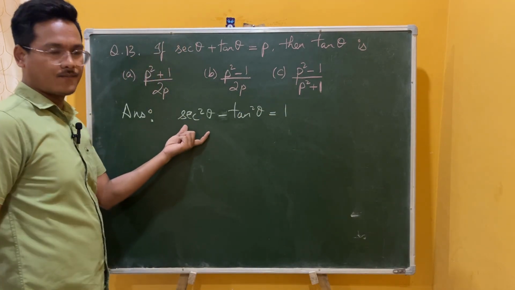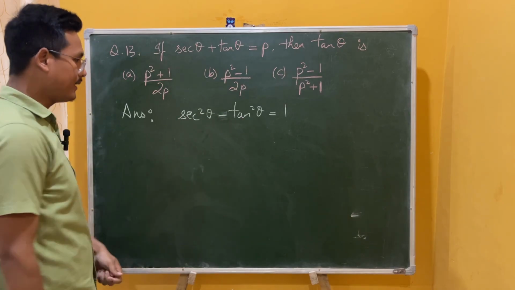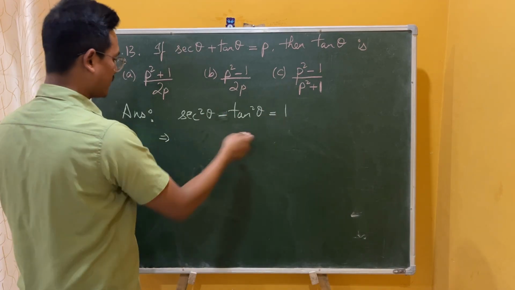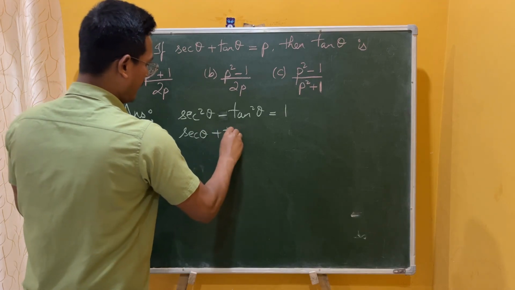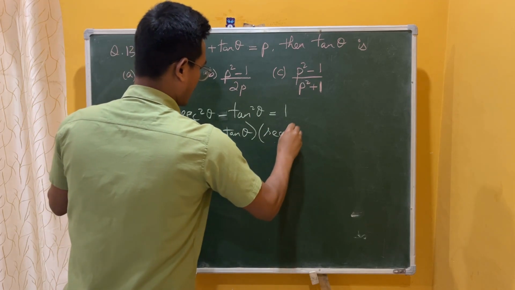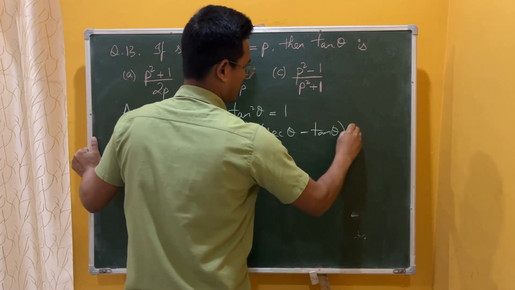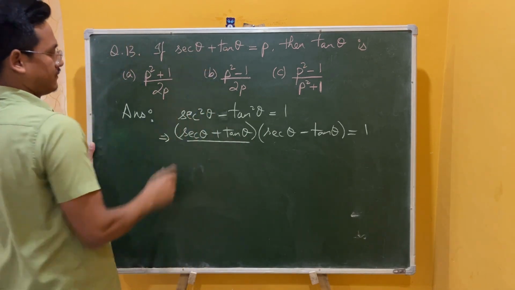So we know sec square theta minus tan square theta equals 1. So this is something like a square minus b square equals 1. So what will you do? A plus b into a minus b equals 1. You know, this is p, right?